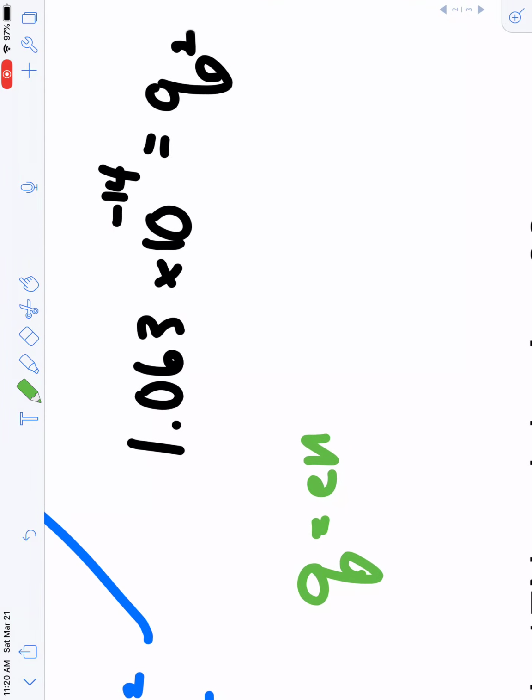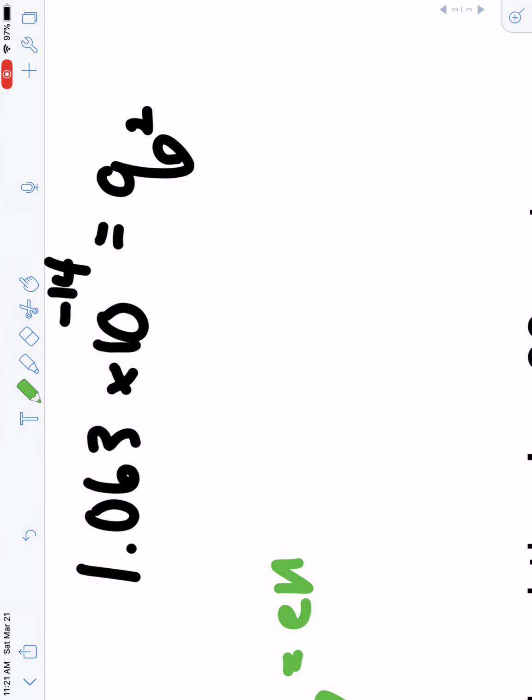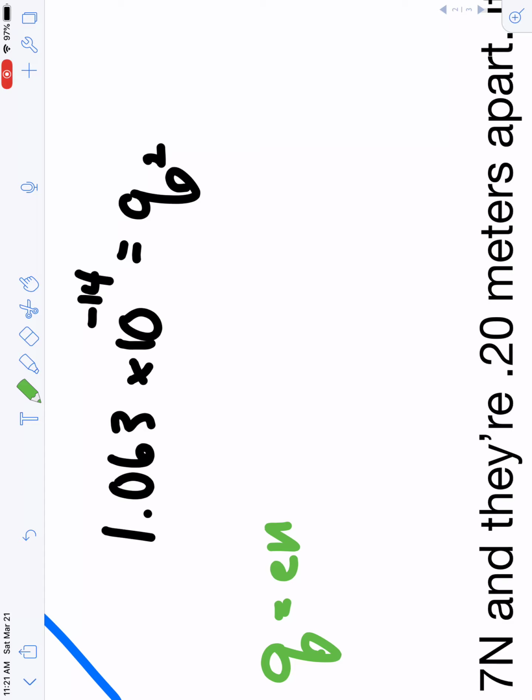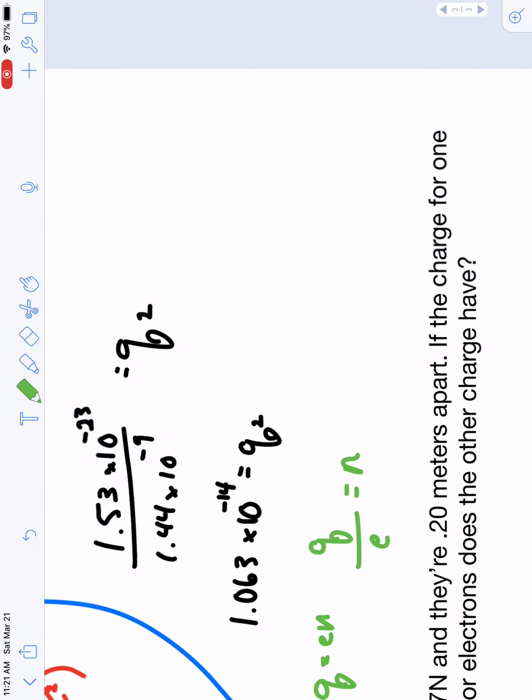If we take Q and divide it by E, that'll equal the number of protons or electrons. Now, we can't have a decimal, can we? It should be a whole number, because if you divide the charge by the elementary charge, it should give us a whole number. We should only have whole protons or electrons.